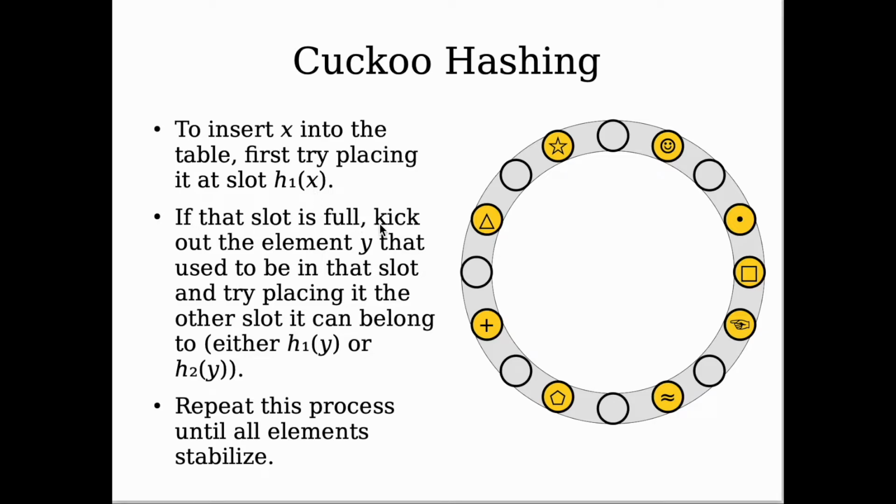And if that slot is already occupied, what we need to do is to kick out the element that is in that location and try to place it in another location, so that it can belong either to this evaluation of the first hash function or the second hash function. So, sometimes the locations of h sub 1 and h sub 2 are already occupied, so we need to repeat this process until all elements stabilize.